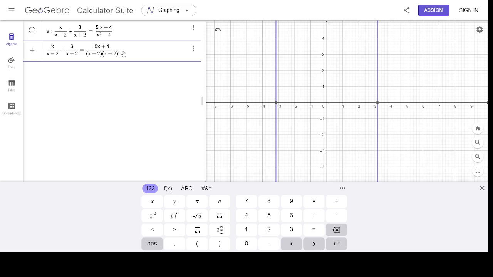Alright, now looking through these denominators, you realize that x minus 2 and x plus 2 is a common denominator for all these terms, because this one divides x minus 2, and again this divides x plus 2. So that solves the problem already.